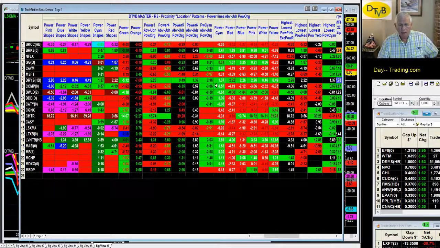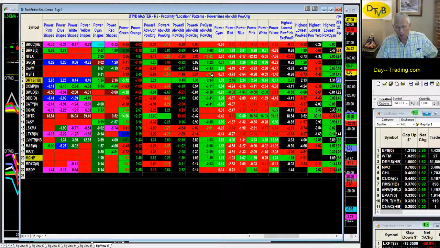For example, in the location pattern, when you have a red text, it indicates it is down. When you have a green text, it indicates that the line is up. When you have a green box, it can be a cross above 0. A red box is a cross under 0.